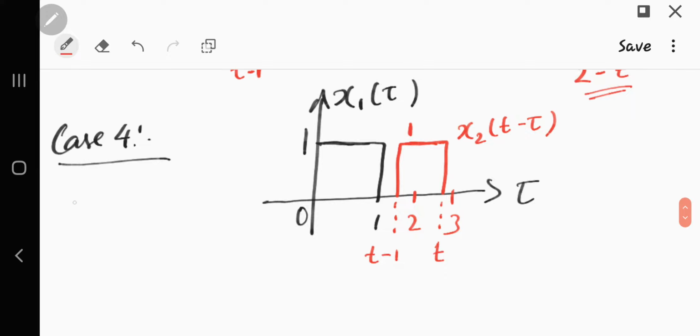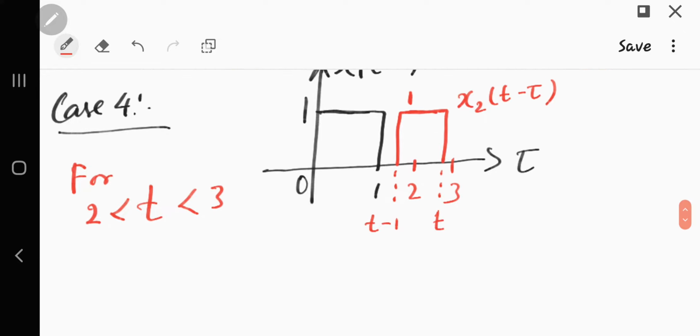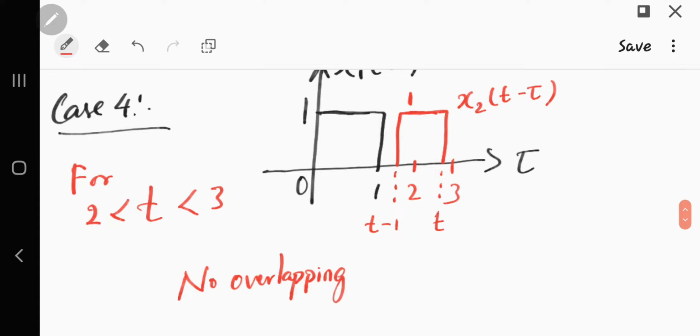Now simply I define this for t less than 3 greater than 2. Okay. Now for this duration, what happens? There is no overlapping. As you can see, the signals are not overlapping.